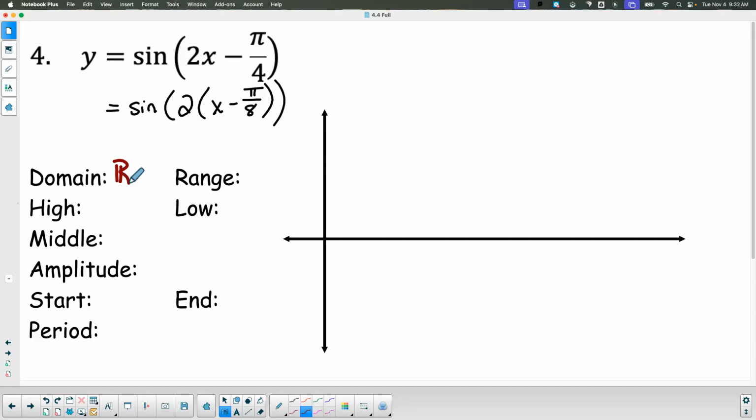All reals for your domain. 2 for your amplitude. 0 for your middle. Oh, sorry, amplitude should be 1. Correction. I was looking at the 2 in the wrong way. One for your amplitude.